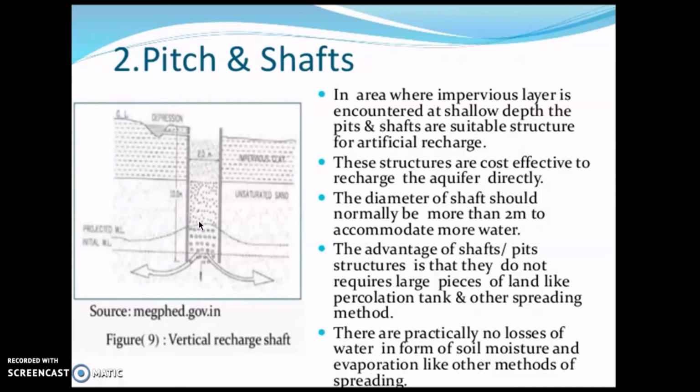This may be around 2 meters in diameter, and all the water on this basin will be directed to this pit and shaft arrangement. From this arrangement all the water will infiltrate and reach the nearest aquifer underneath the shaft. Okay, the main advantage of this pit and shaft is the area with which this arrangement can be accommodated.